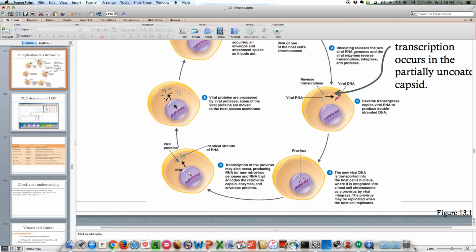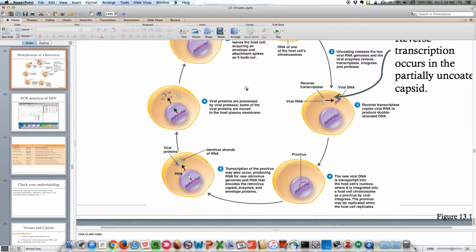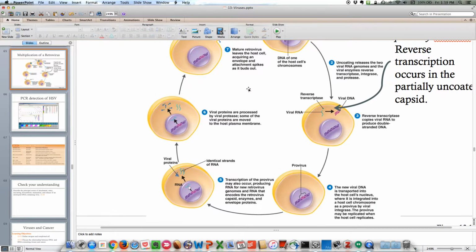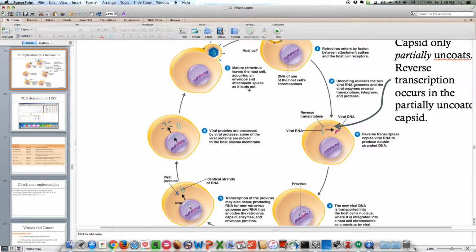But as these viral proteins are processed and as copies of the RNA genome are made, they can then be essentially packaged into mature retrovirus particles that then can bud out from the host cell and acquire their new envelopes as little pieces of plasma membrane.